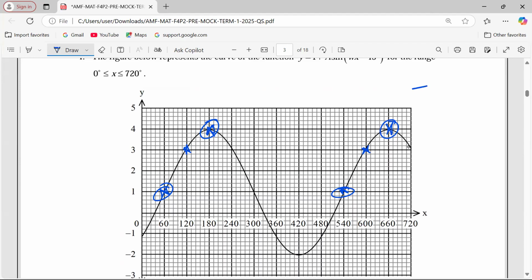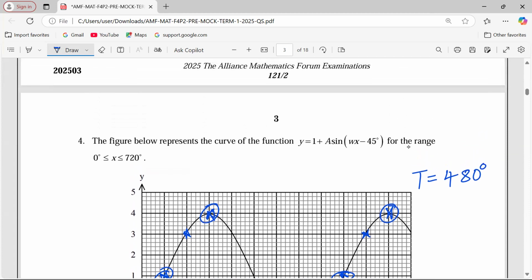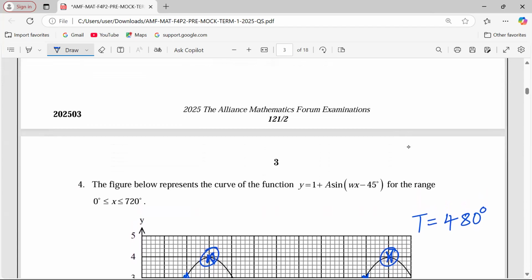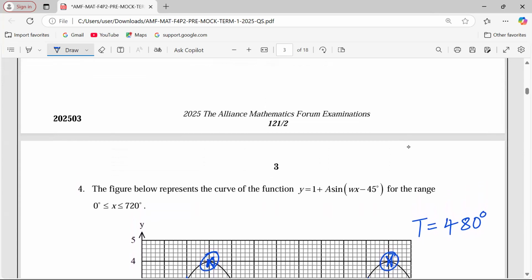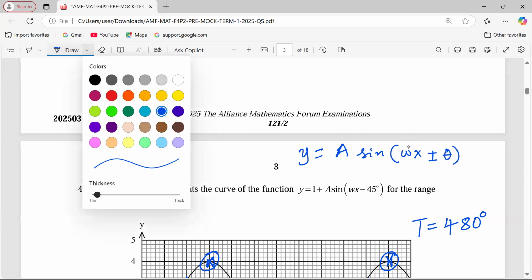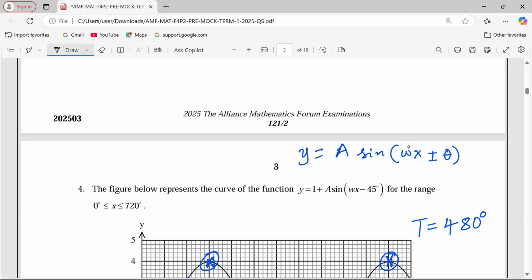Therefore, you are confirming that the periodic time, the period of the wave T is 480. So when we have a period of 480, there is something you should get back to and ask ourselves. If a function is y equals a sine of wx plus or minus a certain angle, then there are a few things that we're supposed to conclude from this general equation.